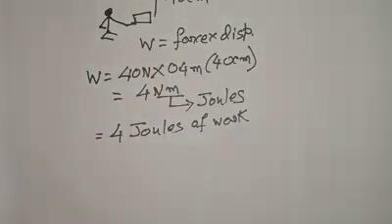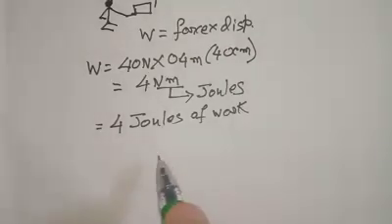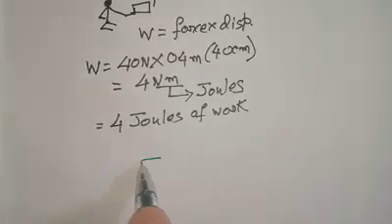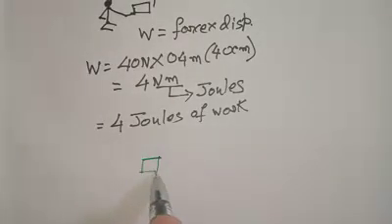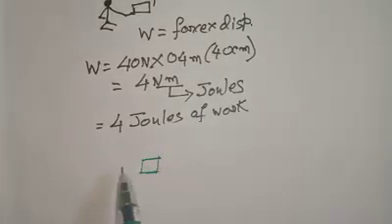Now let us take an example where the force and the displacement are not in the same direction. You can imagine an object which is being pulled by a string. So let me show you one example how it would be. Say for example we have an object over here, and in the earlier case the force was this, displacement was this.